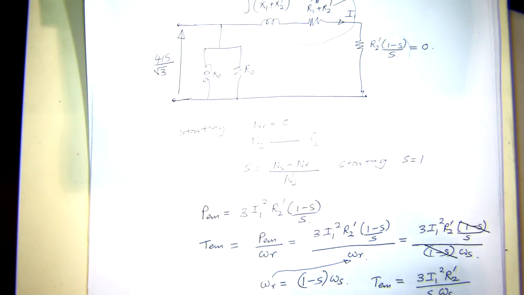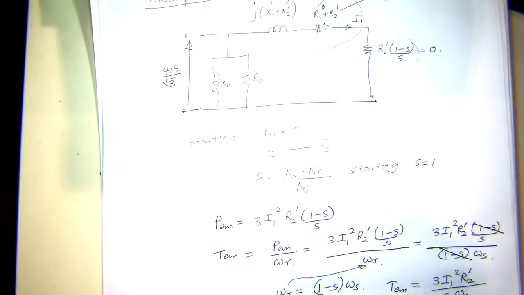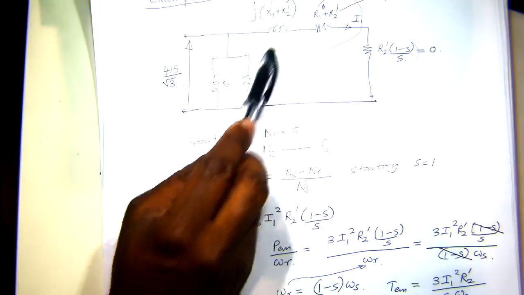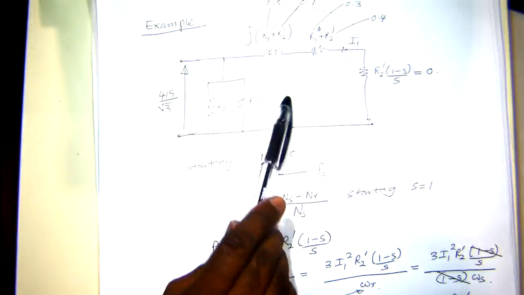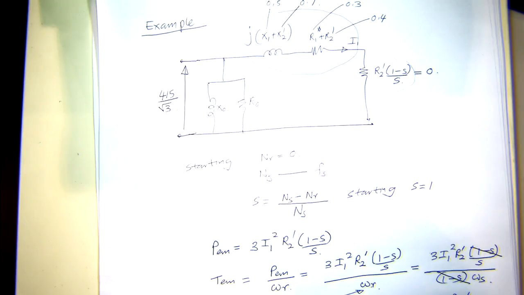So one of the next topics is to figure out what tests you can do on the induction machine to figure out these parameters. It's fairly similar to the transformer tests. In the transformer, we did two tests: the open circuit test and the short circuit test. In this example, it's fairly similar.